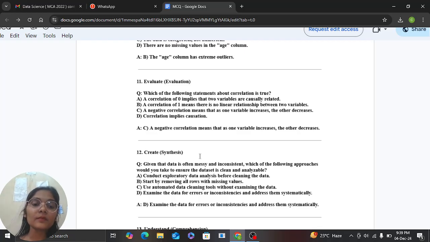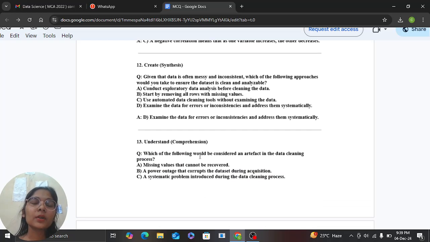Now the another question from the synthesis topic: given that data is often messy and inconsistent, which of the following approaches would you take to ensure that the data set is clean and analyzable? We have given a data set which is messy and inconsistent.